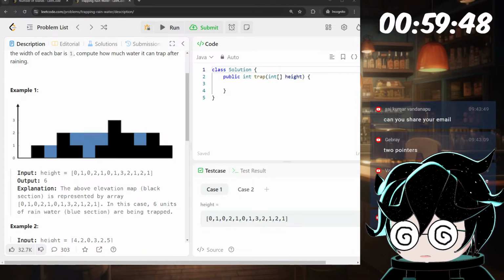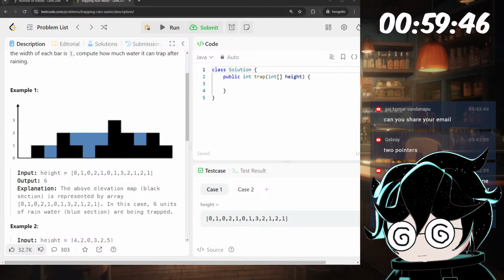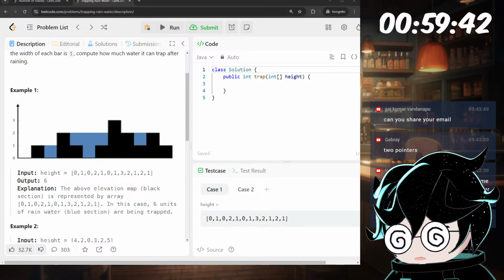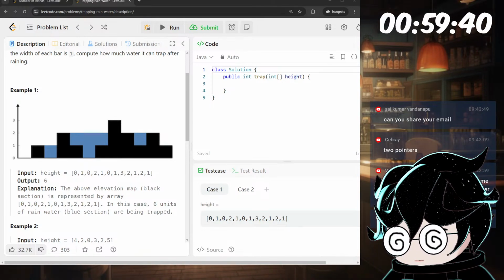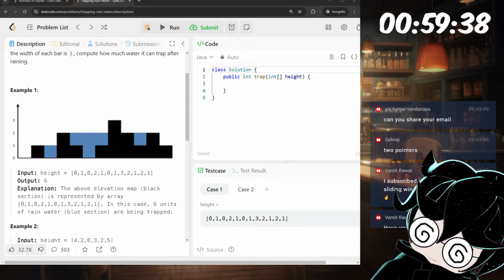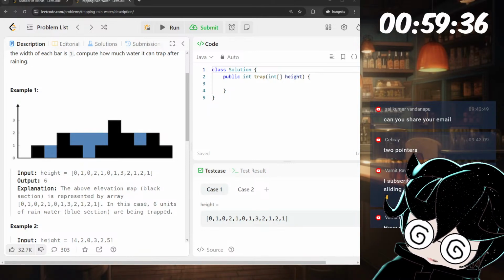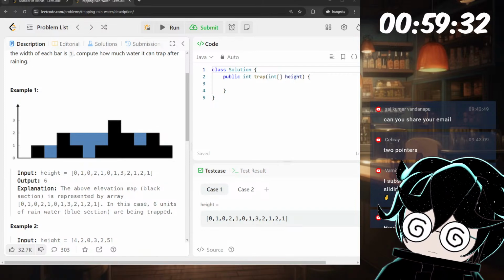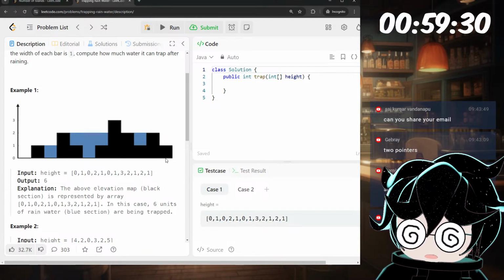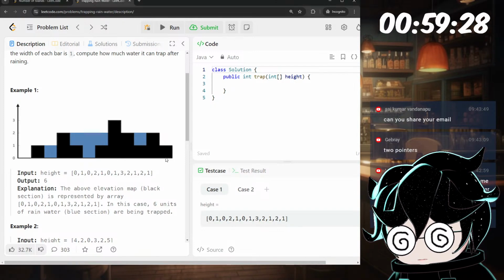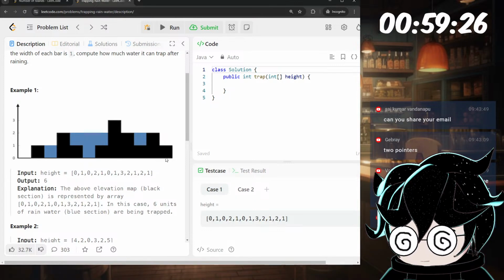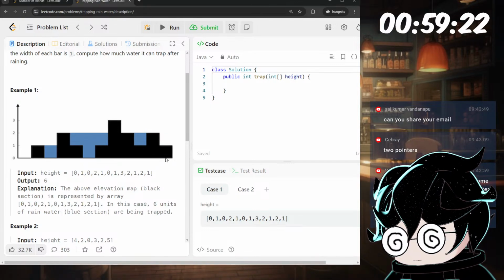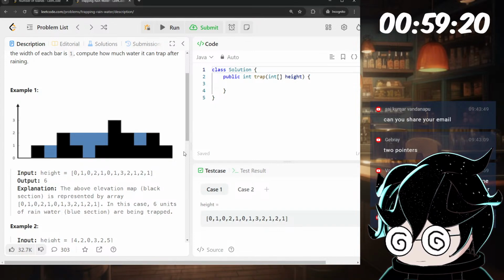How does 2-pointer help us here? Let's say we set 2 pointers here, right? So pointer 1 is here, pointer 2 is here. What does that even tell us? Beats me.